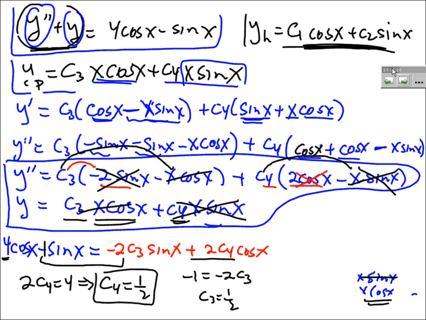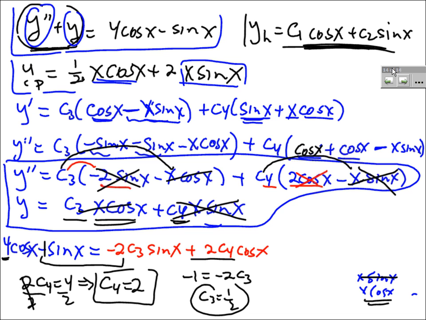It seems like that both are half. Well, that makes no sense actually. Oops. 2 times 2 is 4. Divide both sides by 2, and you get c4 is 2. Okay. So I now know that c4 is 2, and that c3 is 1 half.